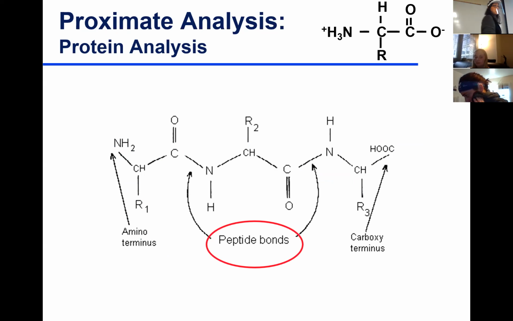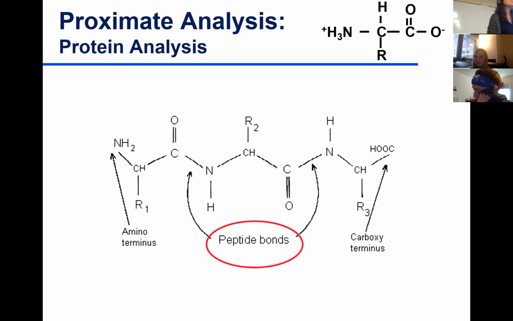It's a very rigid bond, it doesn't have much flexibility in movement, and it vibrates, and the vibration of the peptide bond is measured at 220 nanometers.